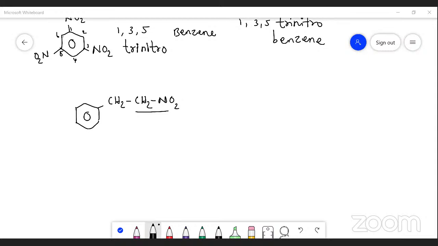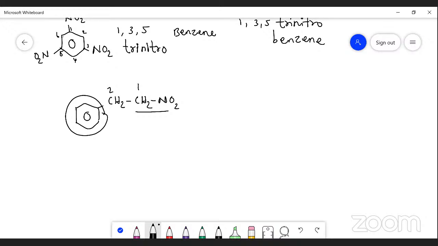That is the first compound, and this is the second compound. CH3NO2 means nitromethane. CH3CH2NO2 is nitroethane. In that, the second position is occupied by a phenyl group.